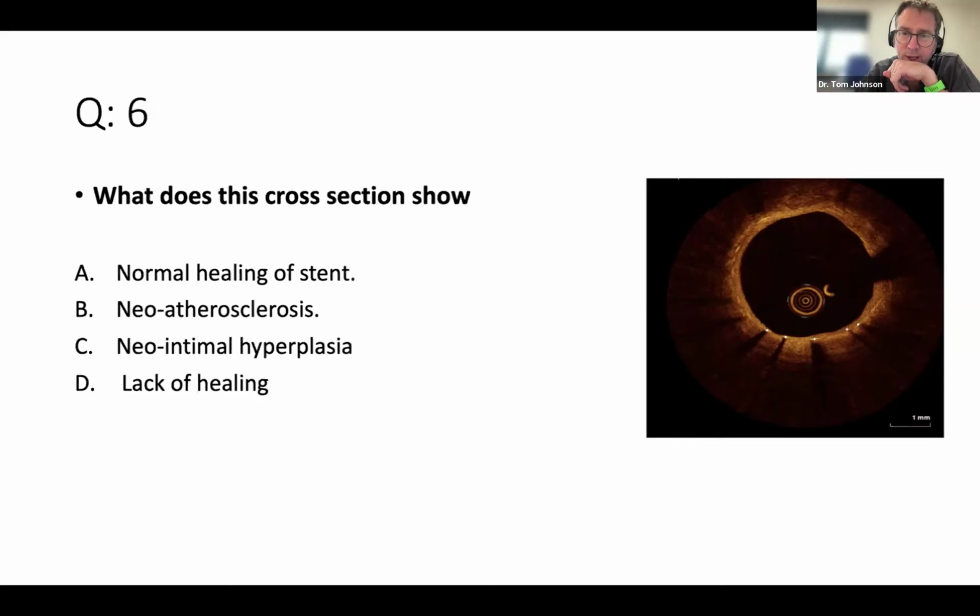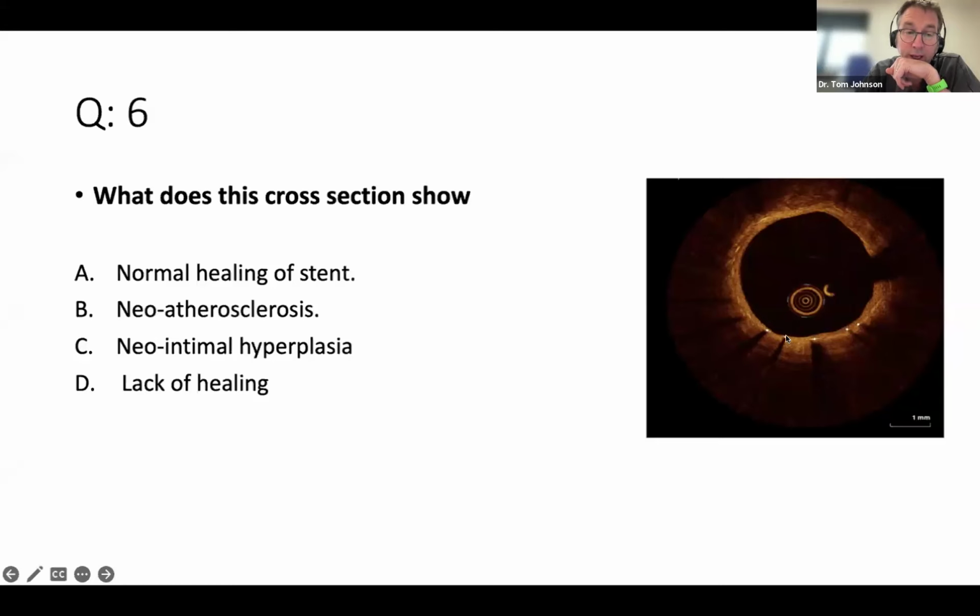So that slight eccentricity to the tissue response within the stent struts may well just represent the way in which this vessel has healed. But this certainly doesn't look like an exaggerated intimal hyperplasia or evidence of neoatherosclerosis. I don't think there's lack of healing, because those 2 struts towards the lower inferior quadrant margin have probably got coverage, but you'd have to magnify that up.